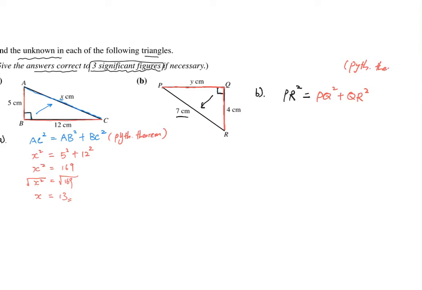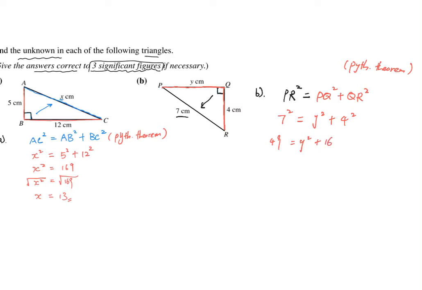This relation we call Pythagoras theorem, right? You need to write down the theorem at the right hand side of the equation, and then after that we just plug in the lengths of the sides. PR we know is equal to 7, so 7 squared will be equal to PQ squared, so Y squared is unknown, plus QR is 4 squared, and then solve this equation. 49 equals Y squared plus 16.